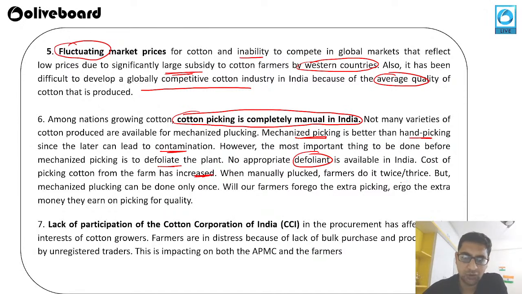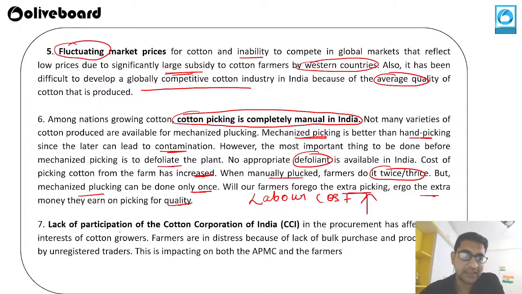When the farmer picks manually, he has to do it twice or thrice, but mechanized picking can be done only once. Because of that, labor costs are getting higher in India.